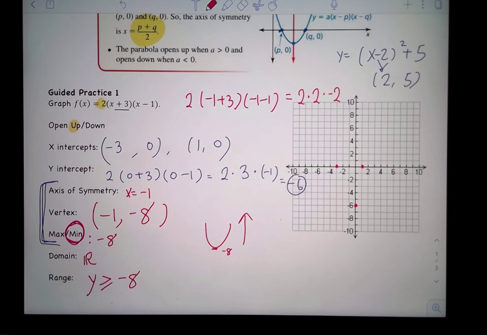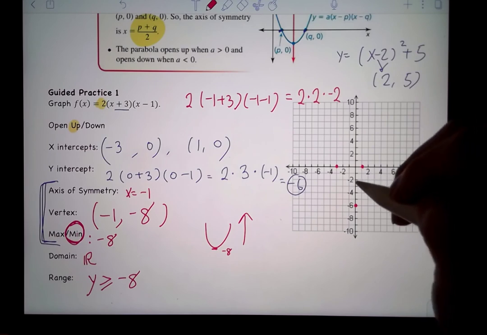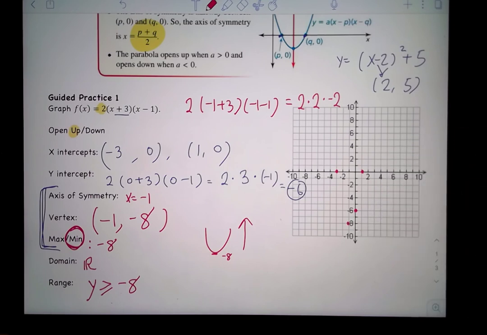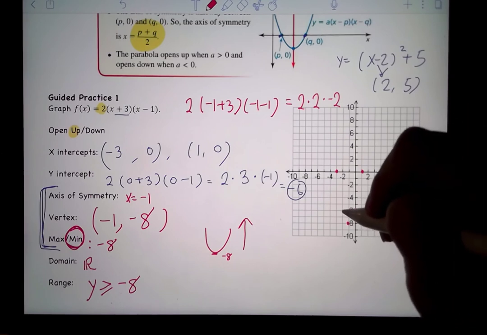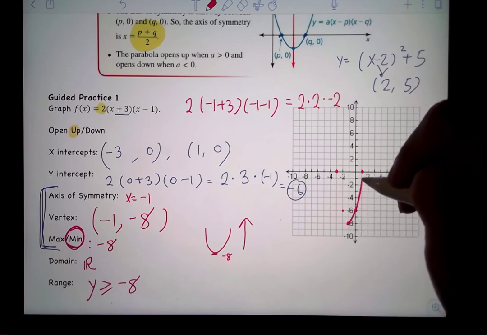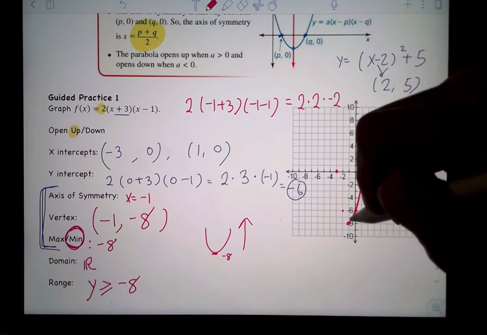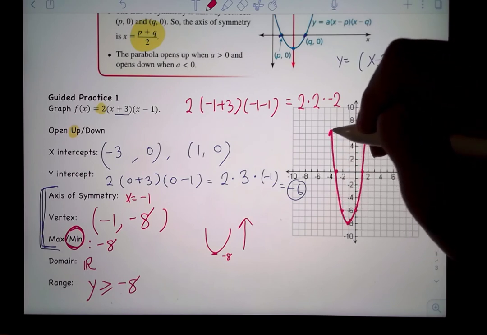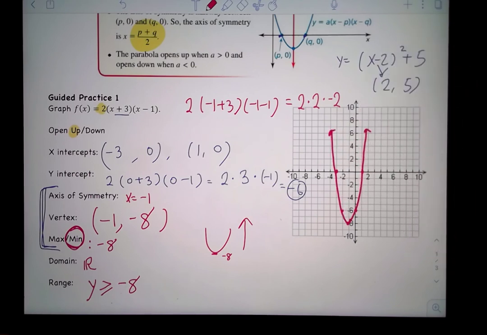That was my y-intercept, and my vertex is -1, -8, right? So you just connect like this, like that. Then you get your graph.